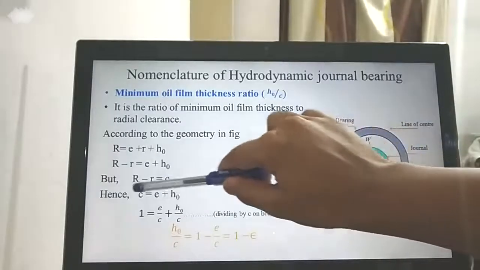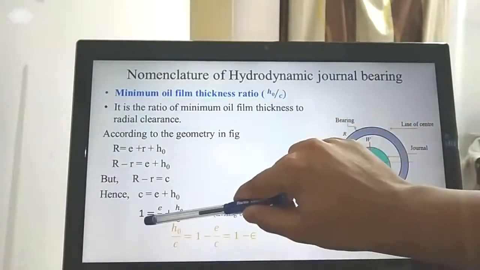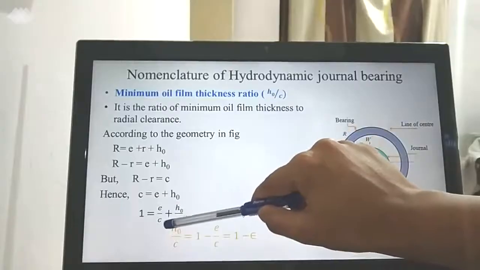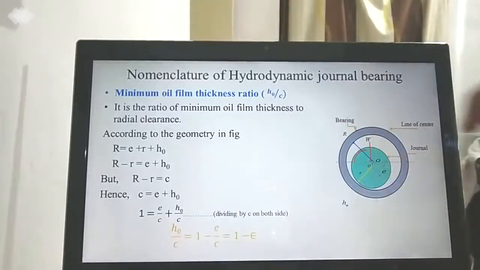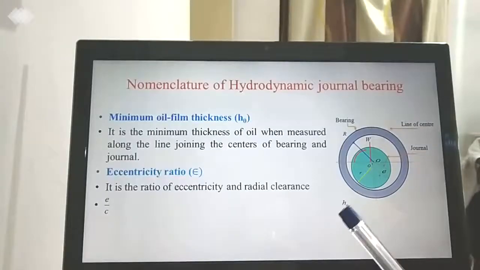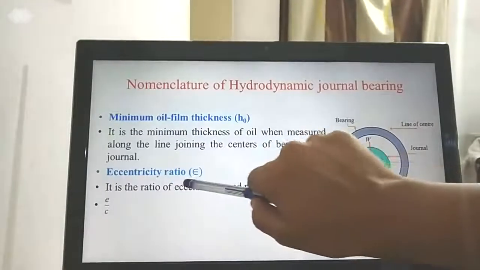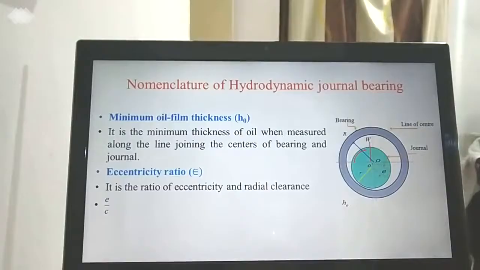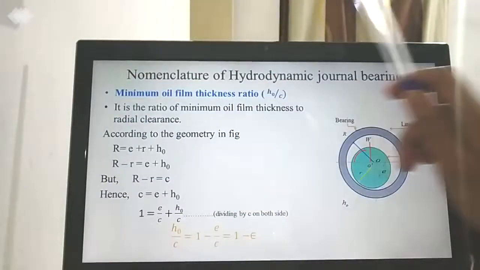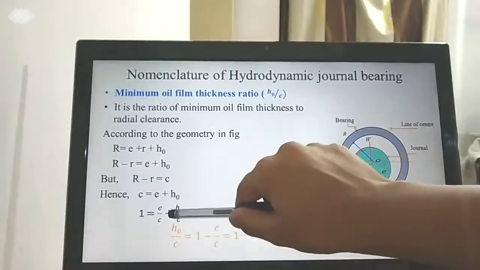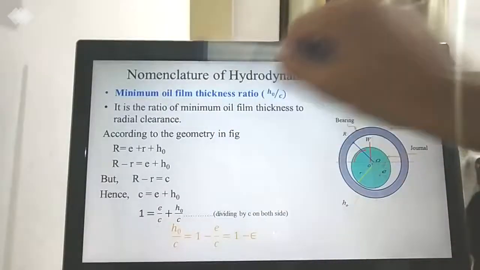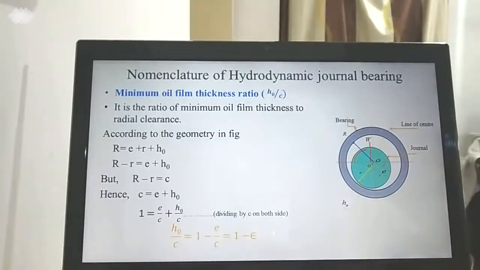Let's divide the whole equation by C. So we get 1 is equal to e upon C plus h0 upon C. Now what is e upon C? e upon C is nothing but epsilon, that is the eccentricity ratio. And h0 upon C is the minimum oil film thickness ratio.